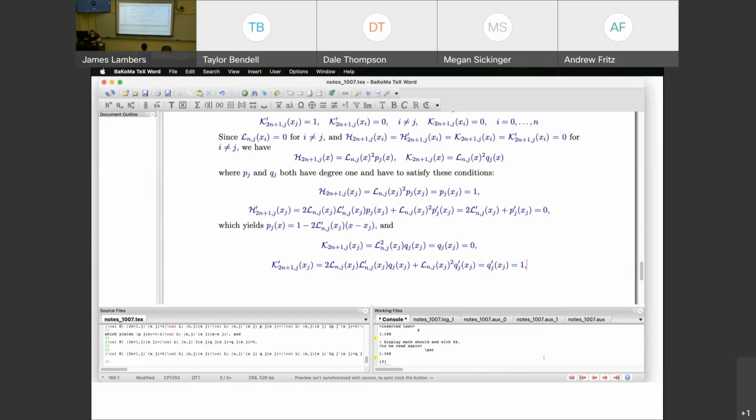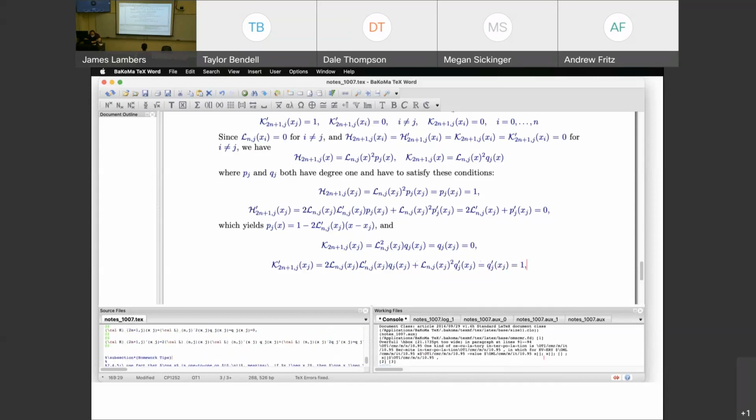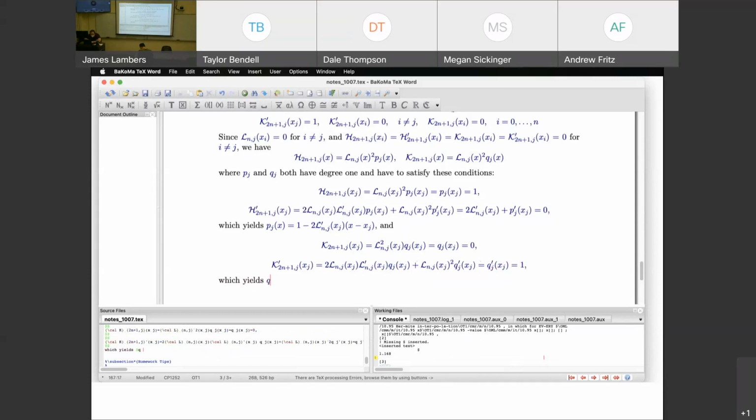So qj of x is equal to just x minus xj. So that will turn out to be simpler.